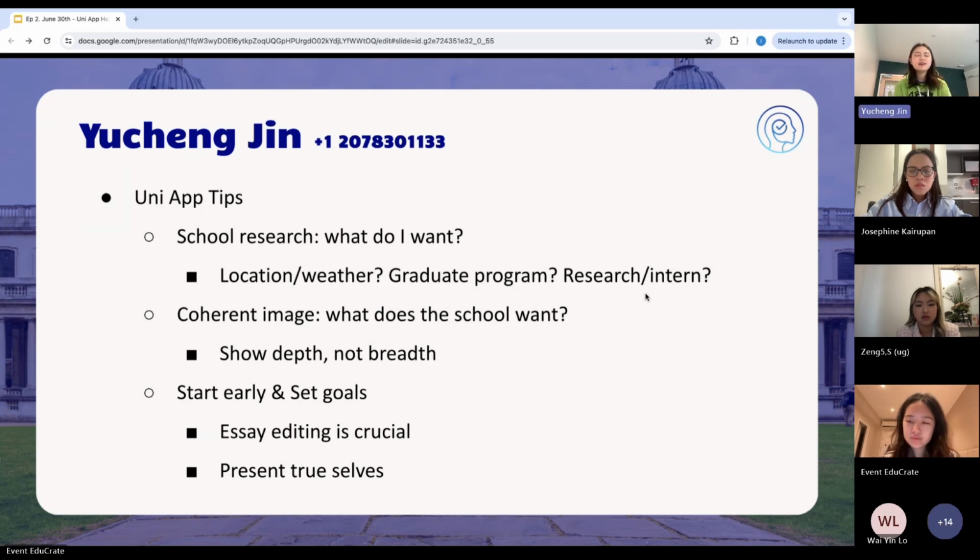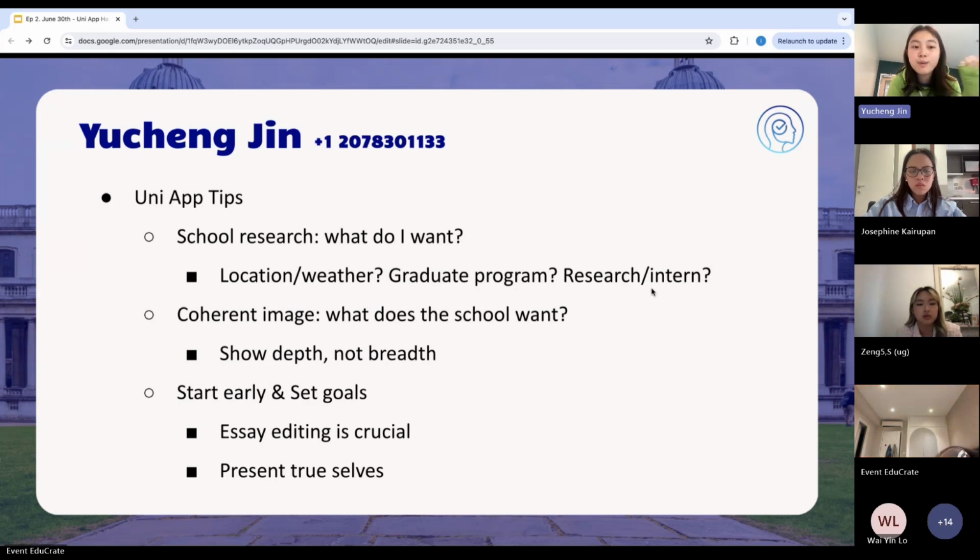And then, one last detail is to start early and set goals. Starting early is definitely not just about the school research, but also about writing your essays. It could be a quite painstaking process, but good essays take editing.